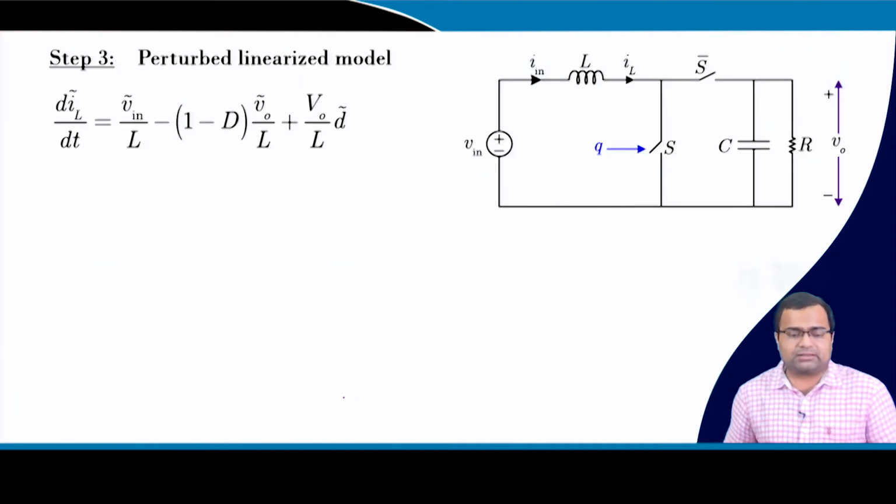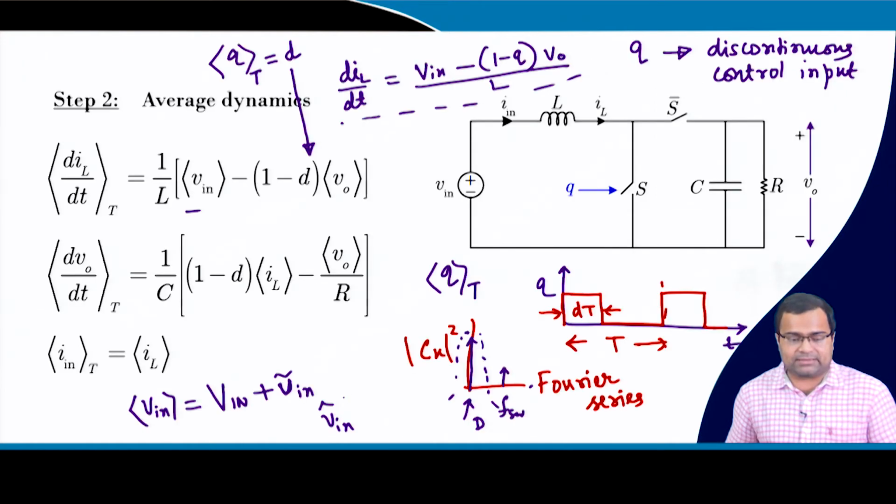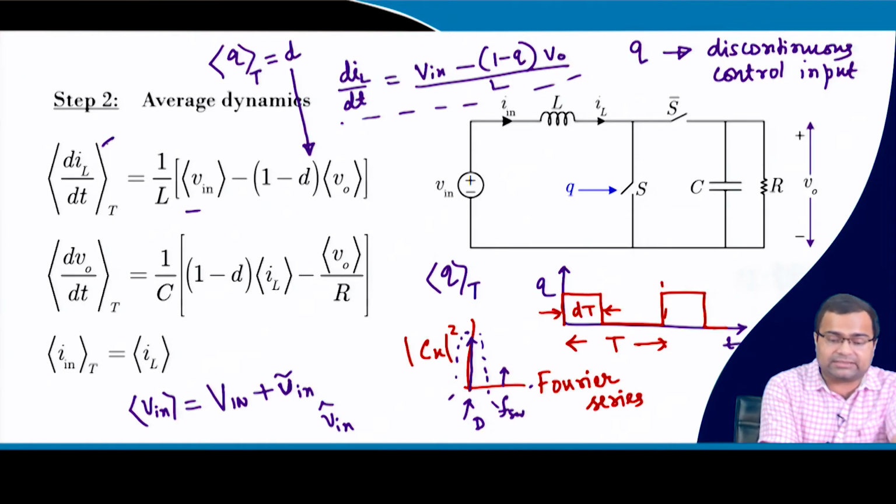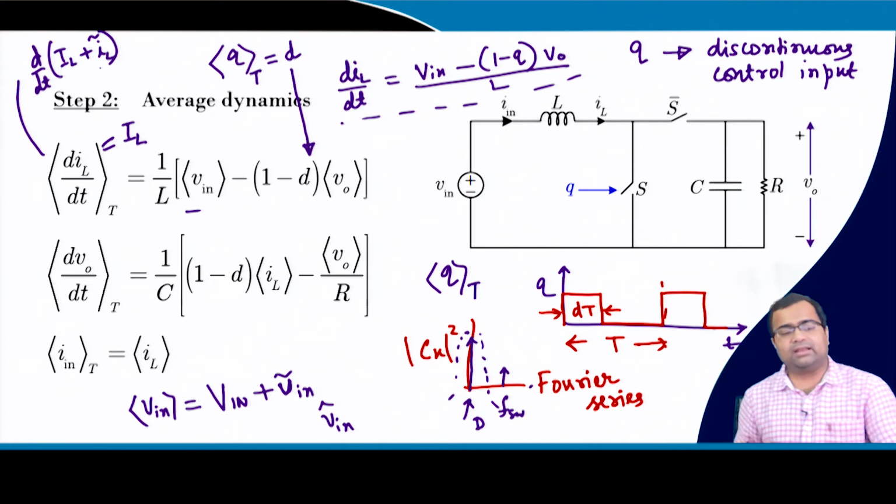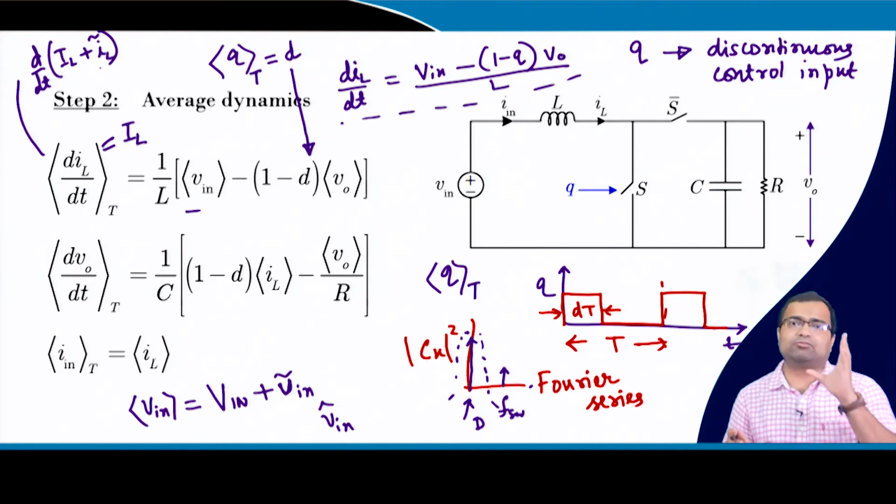So, if we replace this average inductor current by IL plus IL tilde and take d/dt, then the derivative of the steady state quantity will be 0 and the derivative of the perturbed quantity will be considered.